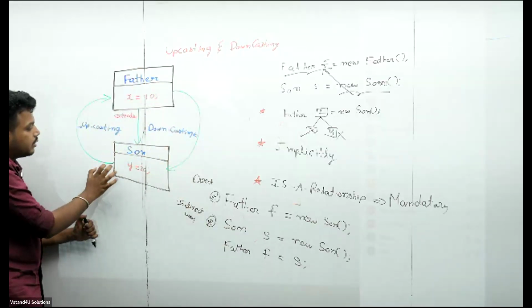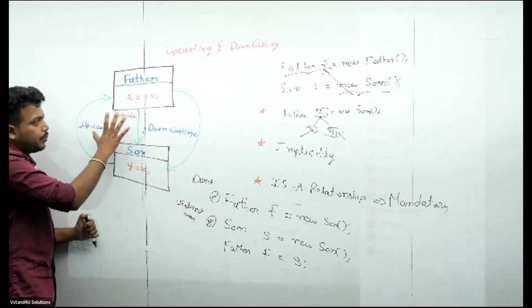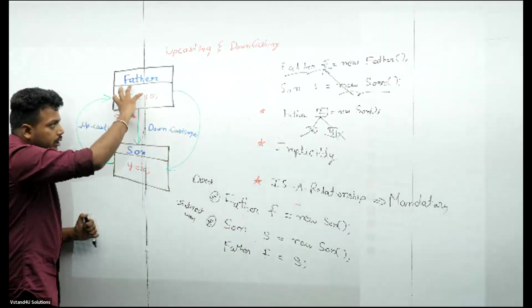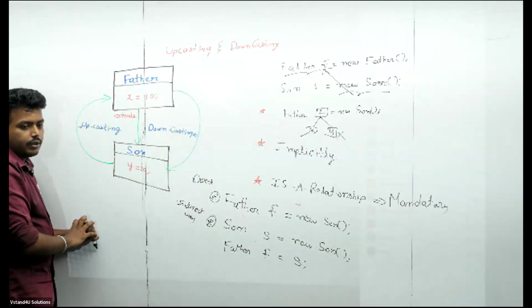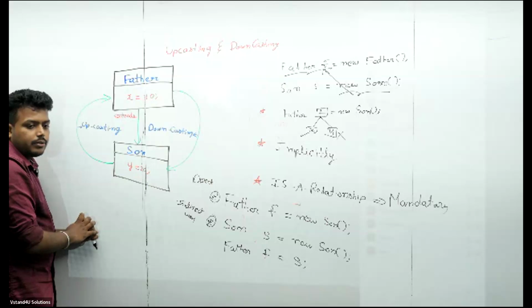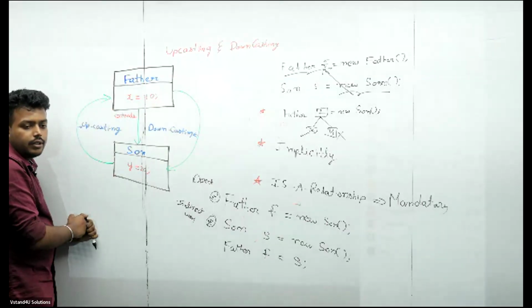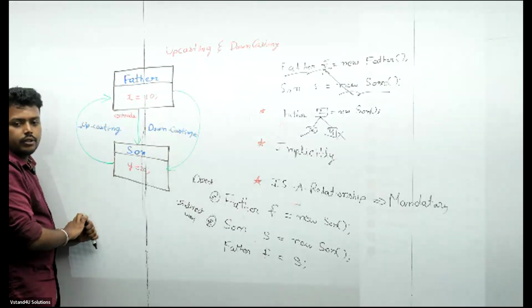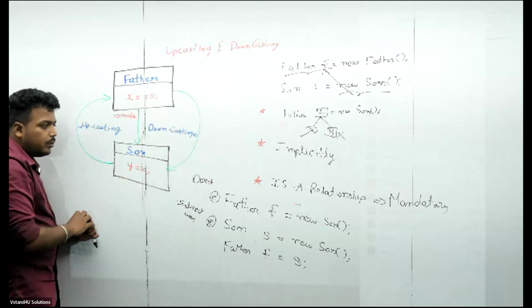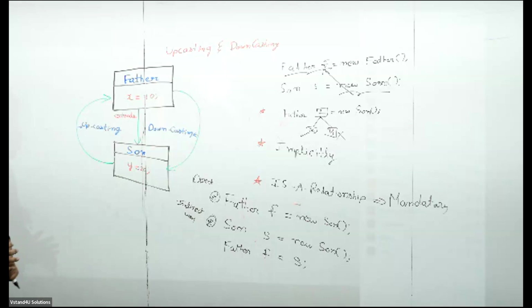This is called upcasting. If I run the program, it will show only the x value. It will not show the y value. Why, sir? Because I am passing the Father reference, right? Father has only the x value. If I need both values, I need to downcast. I will let you know. First, you write these points. I will teach downcasting.